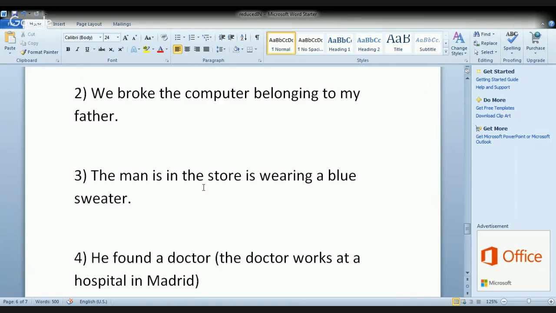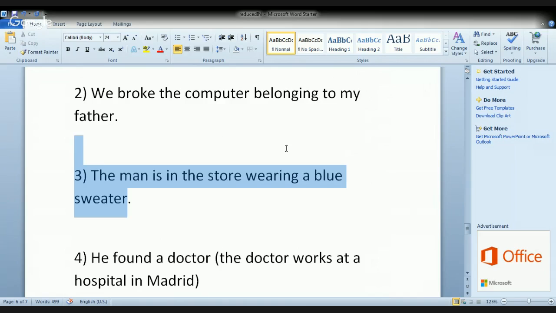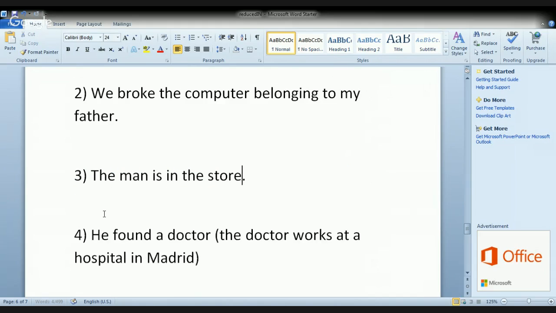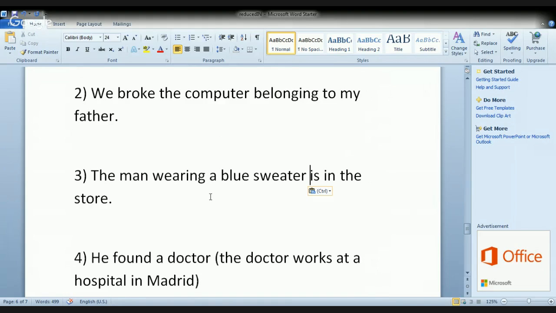The man, and we're going to take out is, because we don't need that. And we're going to move the man wearing a blue sweater is in the store. Okay, the man wearing a blue sweater is in the store.